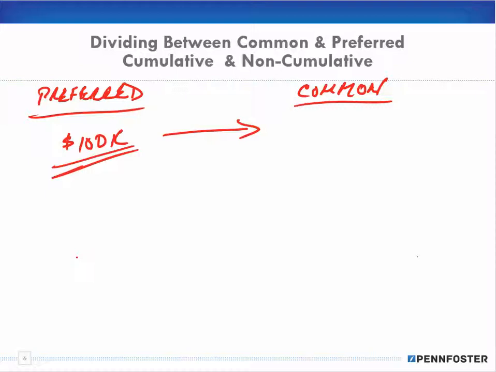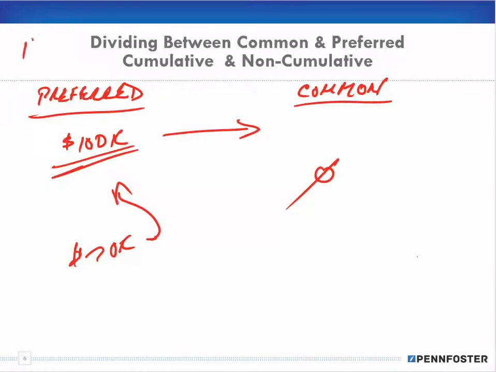So if the corporation decides to pay a dividend of, let's say, $70,000, then that full $70,000 would go to preferred, and common would get zero when those dividends are paid. And again, you calculate the dividend per share.